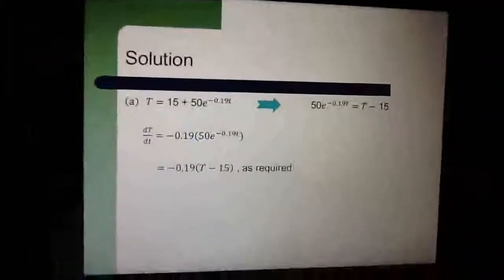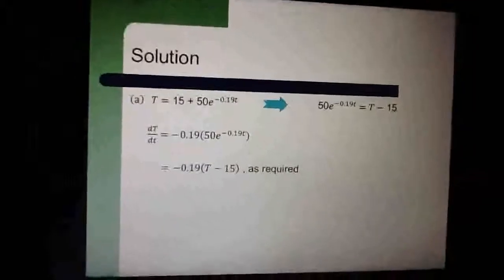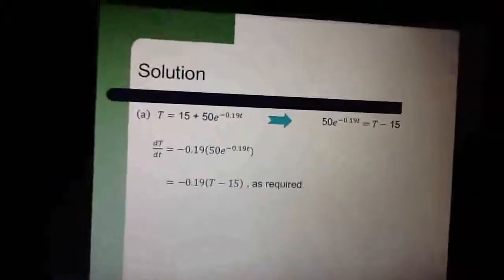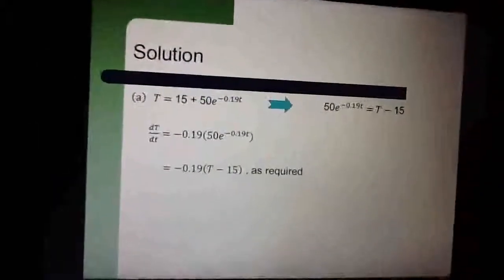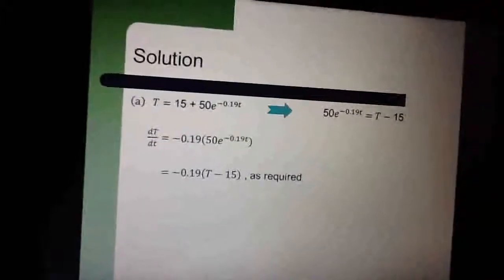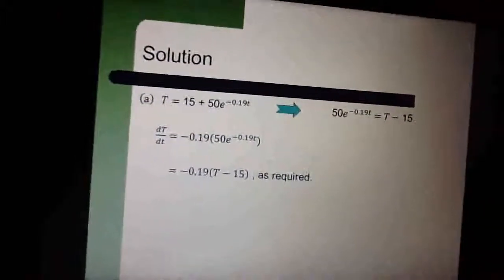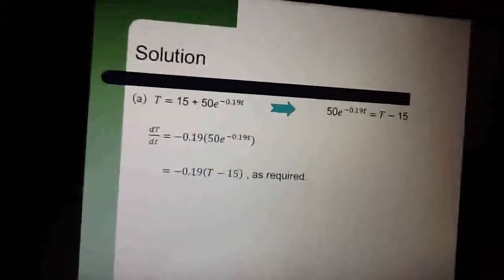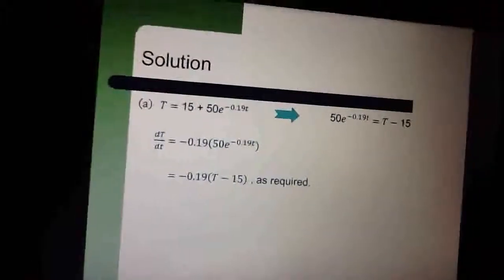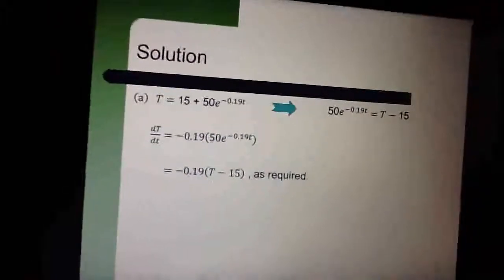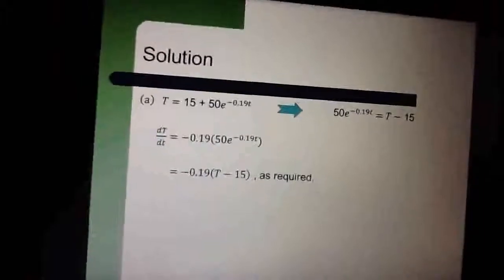This is the solution for part A. When we differentiate T, we get dT/dt equals negative 0.19 times 50 e to the power of negative 0.19 t.